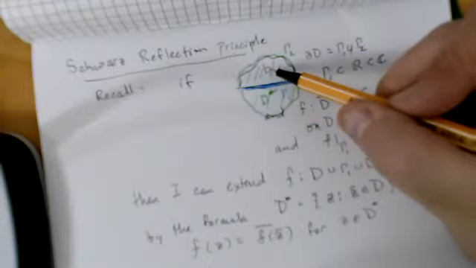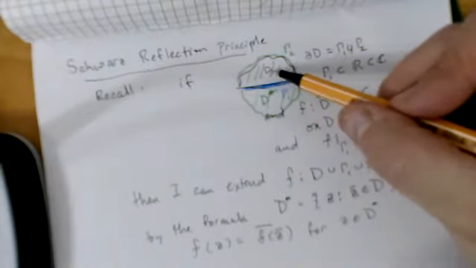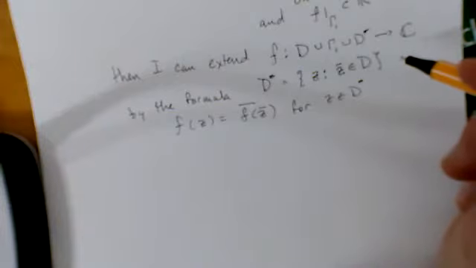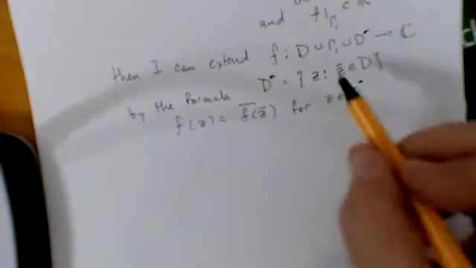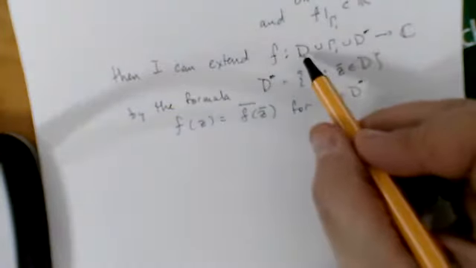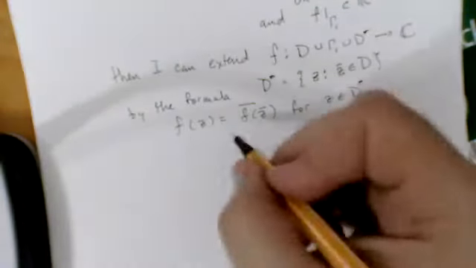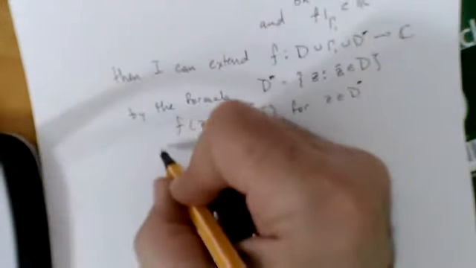So I reflect across this line, and then I have to take the complex conjugate of the function value at that point. So the consequence of this is that now I've defined a function on this new domain. This is now a nice domain in the complex plane, and this extension is holomorphic.